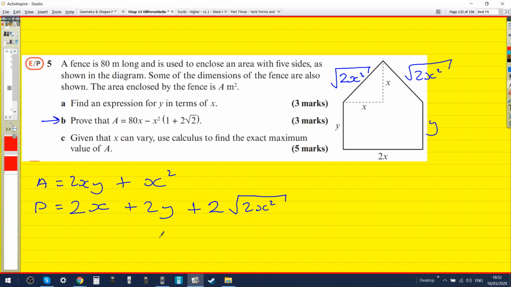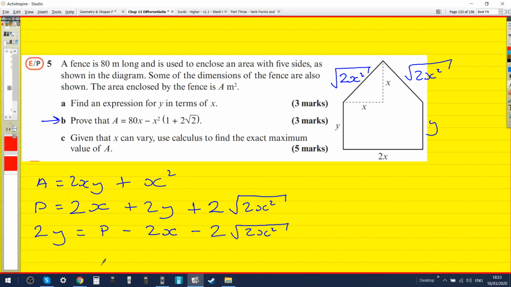Okay, yeah, sorry, continue. So using P equals the perimeter, it would be 2y equals p minus 2x minus 2 root 2x. And then, I'm not sure.